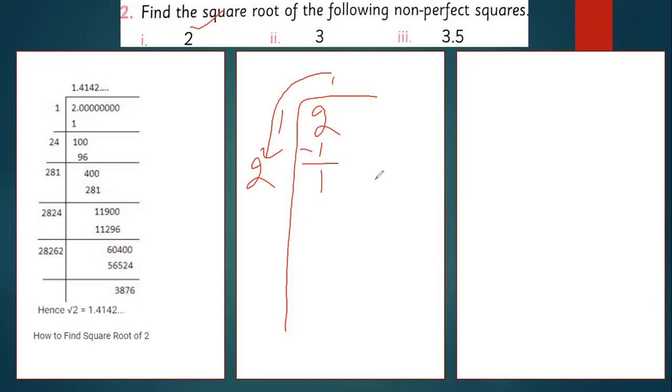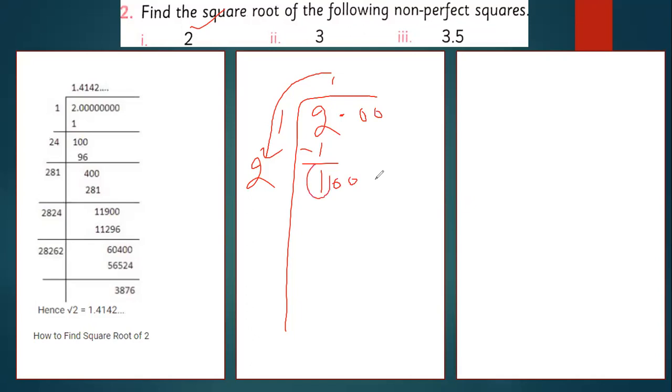In the table of 2, can you find 1? No. So for that, just put here the point, then zeros, and pair.